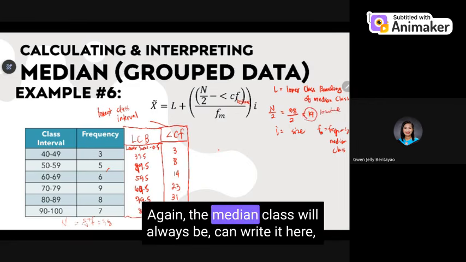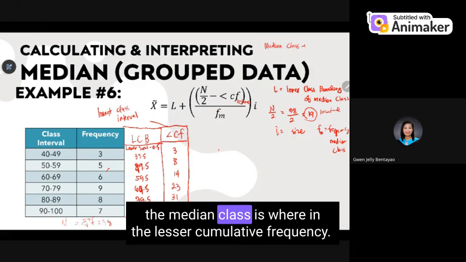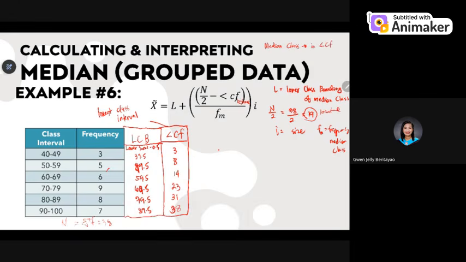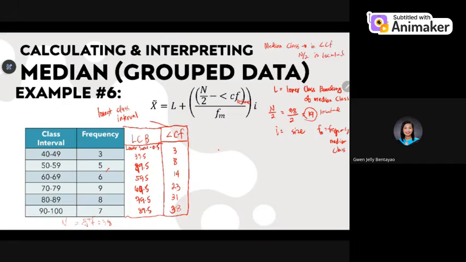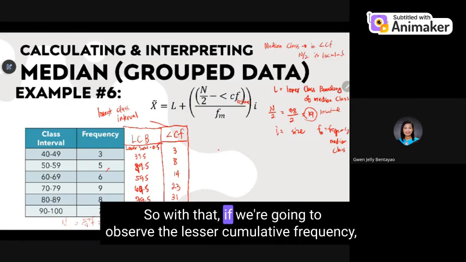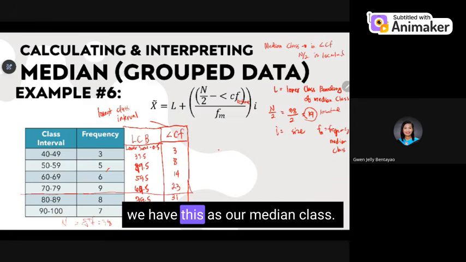Again, the median class is where, in the lesser cumulative frequency, n over 2 is located. So if we observe the lesser cumulative frequency, we have this as our median class.